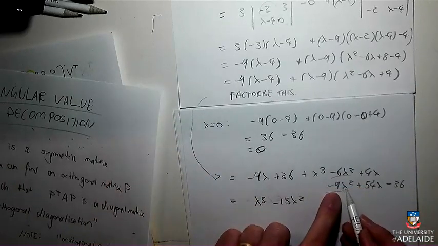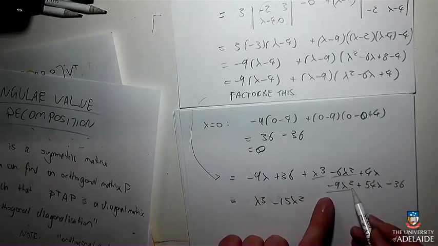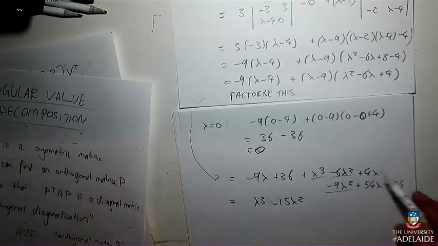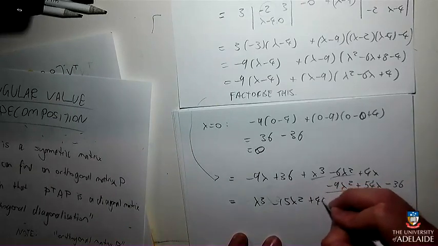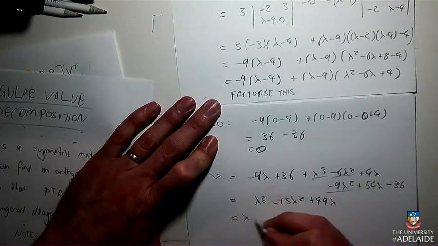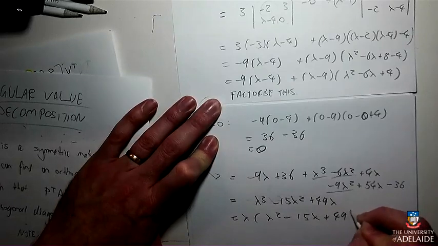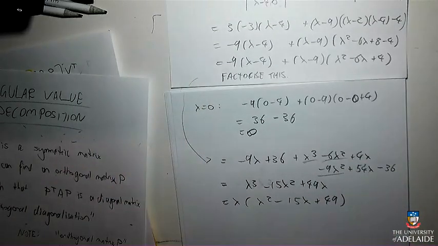So lambda cubed minus 15 lambda squared. 54 plus 4 would be 58, minus 9 would be 49. And then a 0. Oh, I'm so excited. So we've got lambda equals 0.